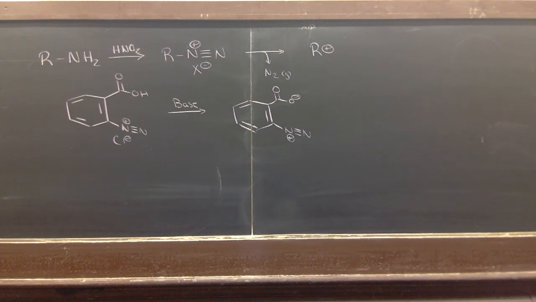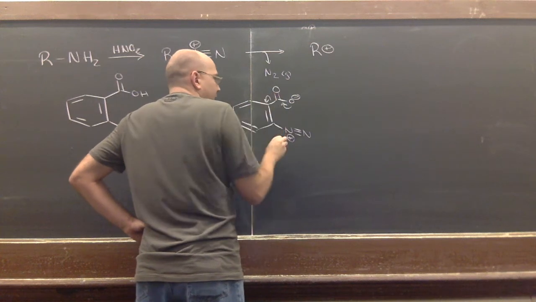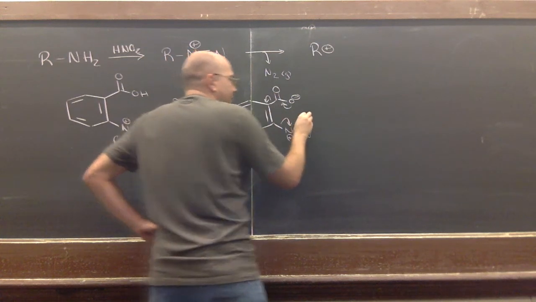When you make this intermediate, you notice that you can generate two gases fairly readily. One of the gases is CO2, and the other gas is nitrogen.